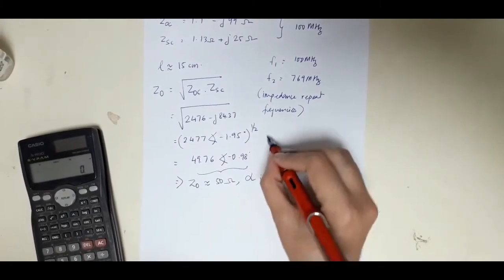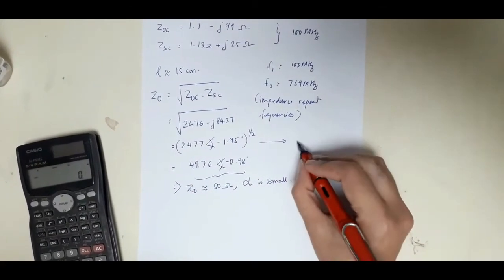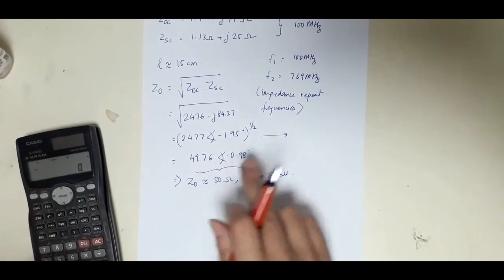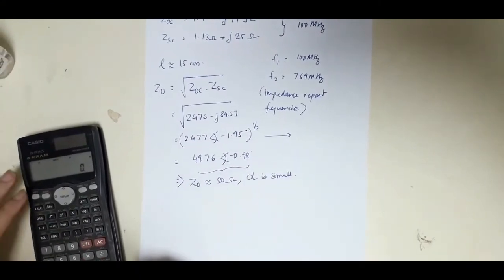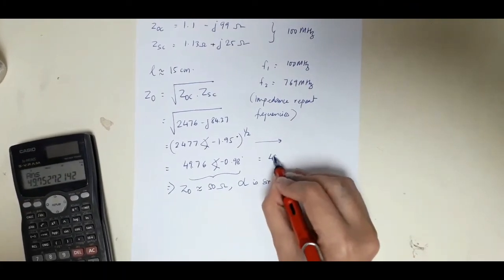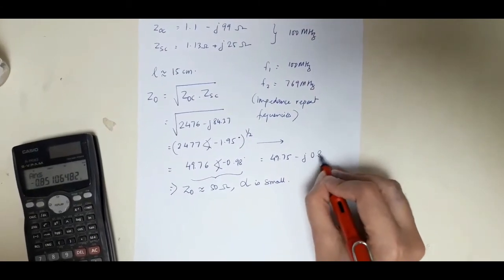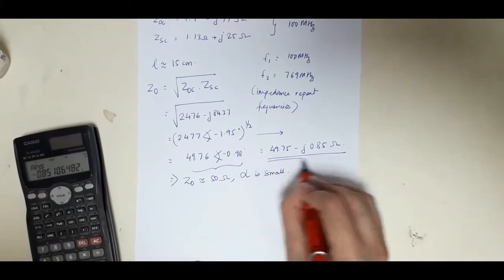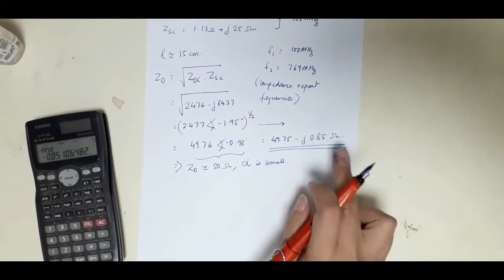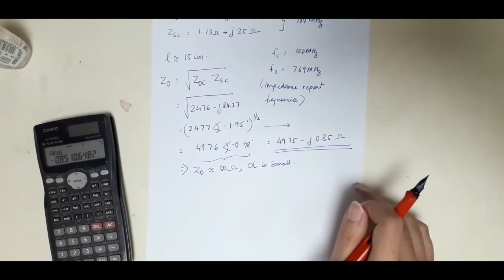So for this, you need to choose the root where the real part of the Z0 is much larger than the imaginary part. So therefore, if you look at the whole complex number, that would be roughly about 49.75 minus J 0.85 ohms. So as you can see that it is mostly real with a very, very small imaginary component. So therefore we can say it is, for all practical purposes, a kind of lossless line.